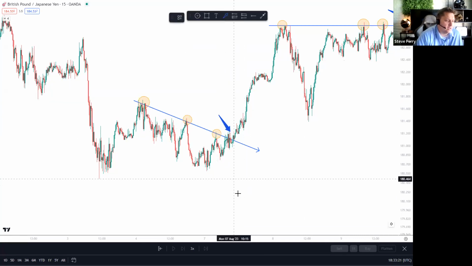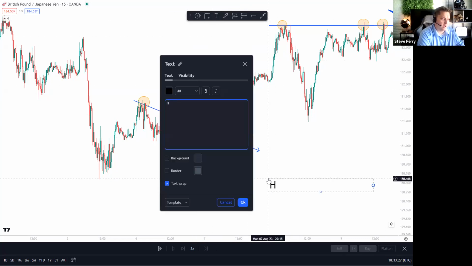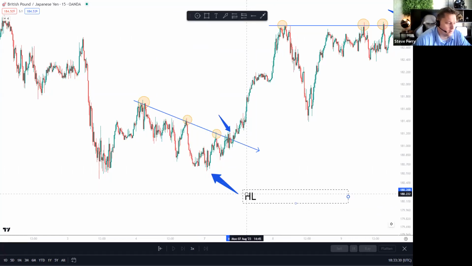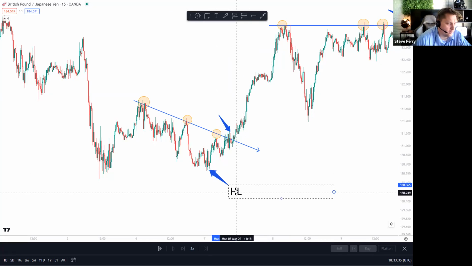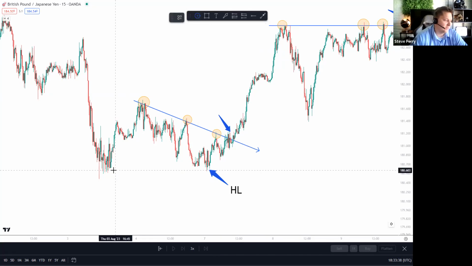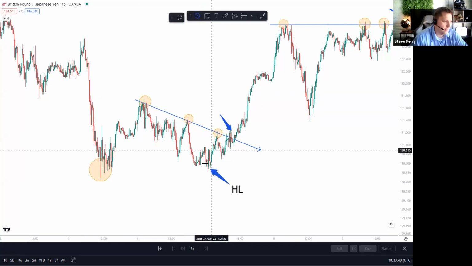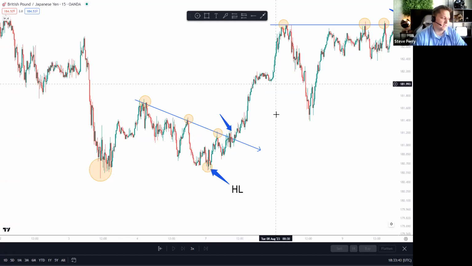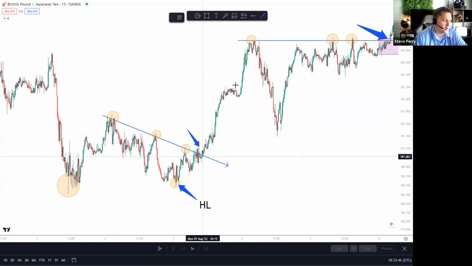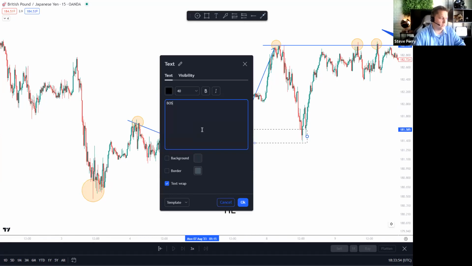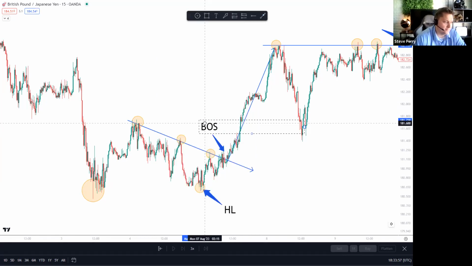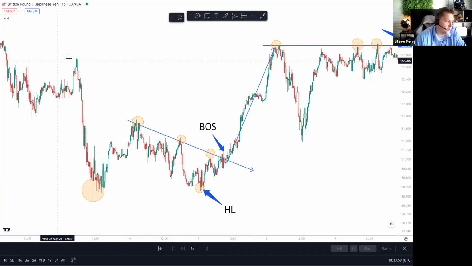You also had a higher low right there, higher low than the previous low over here, right? All of that kind of led to this breakout. Now, this thing moved up like crazy. Not only did it go up and break this BOS here, but it also broke this BOS that was over here, right?